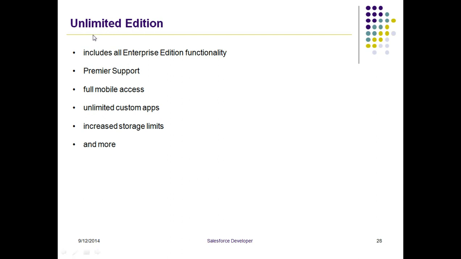The difference is that in Performance you have increased storage limit, you can create unlimited applications, and you will have premier support because you will be a premier customer. But what you can actually do feature-wise will be the same as Enterprise.